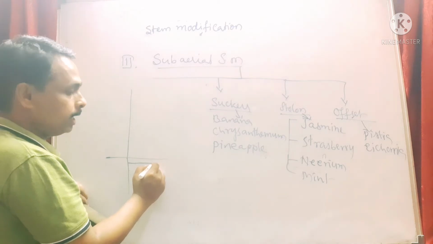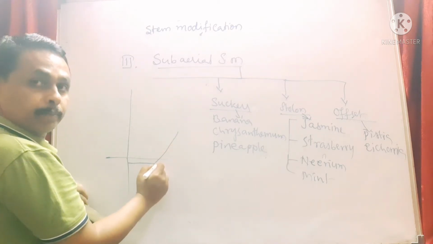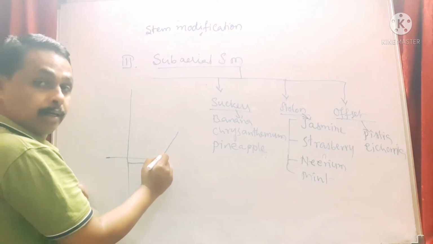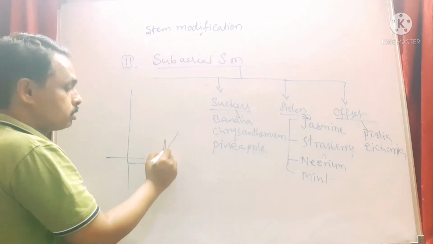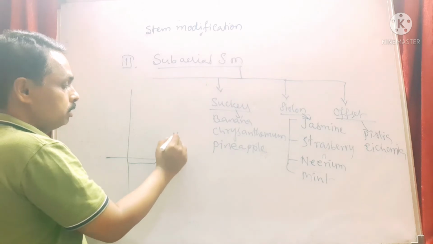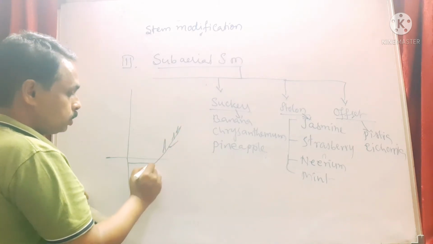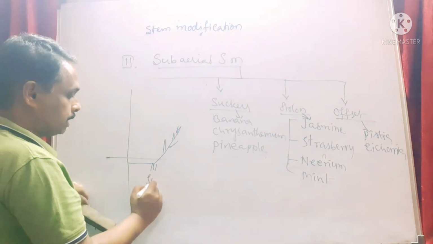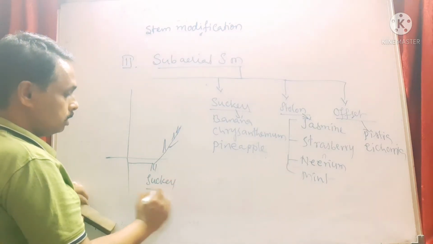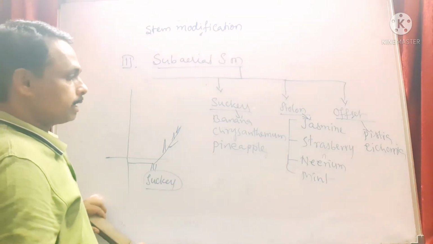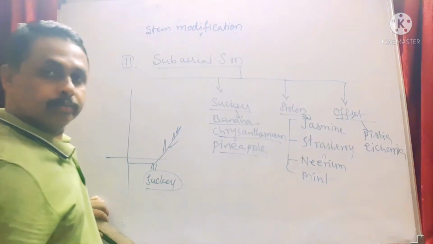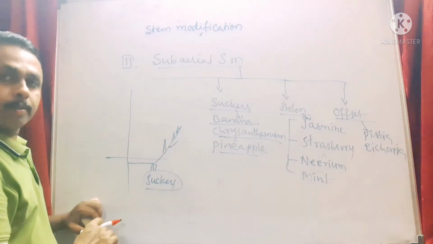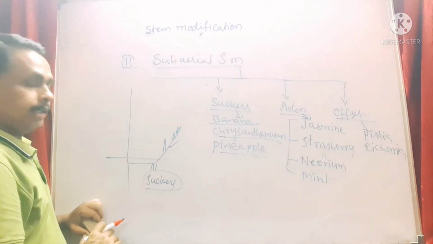Afterwards, it will be obliquely projected out, and after projecting, the branch will develop new shoots. Those structures are called suckers. Suckers can be seen in banana, chrysanthemum, pineapple. Suckers would be in this way.